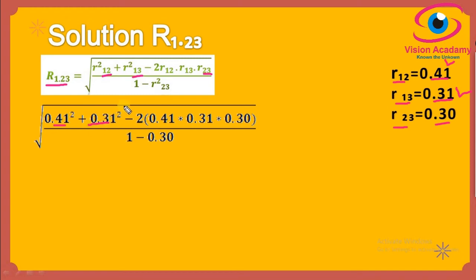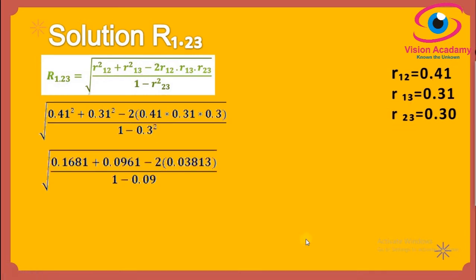Then here it is 2, and in the bracket R12 is again 0.41, and R13, which we have used already, 0.31, and R23 is 0.3. In the denominator also R square 23, that is 0.30 squared, which means 0.30 into 0.30.